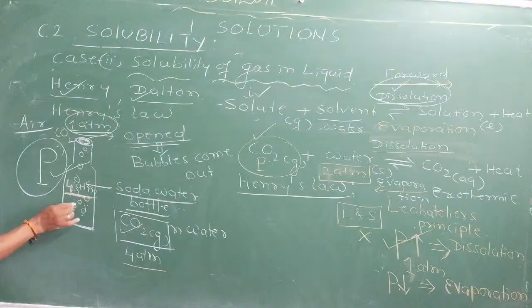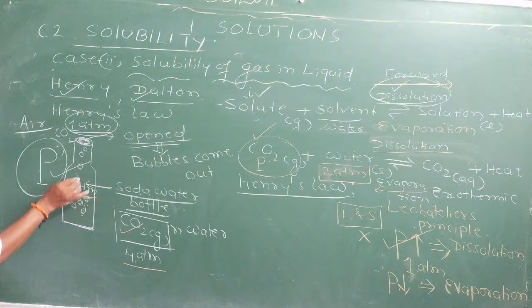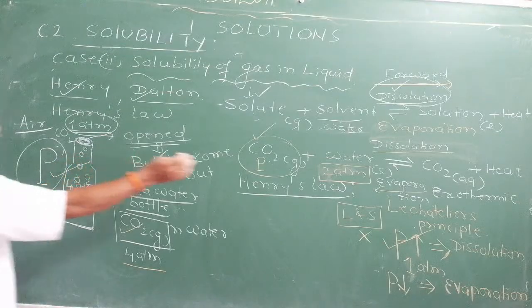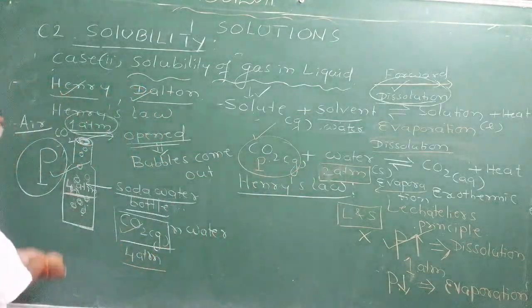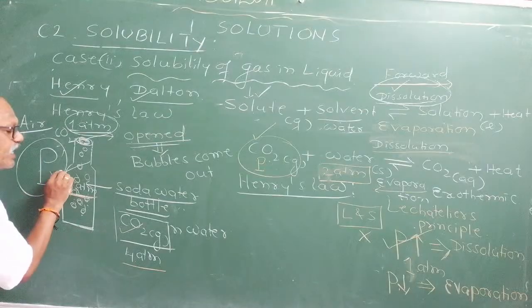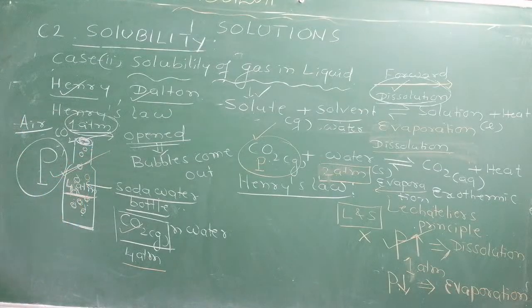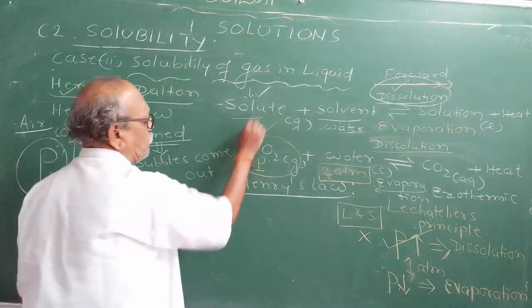Now, what happens is, when you decrease the pressure in the soda water bottle, the backward reaction takes place, and dissolved carbon dioxide will come out of the water. Therefore, you are observing the bubbles. This is a practical application of the effect of pressure on the water or on the solvent if the solute is a gas.